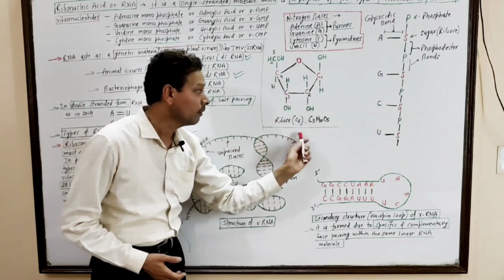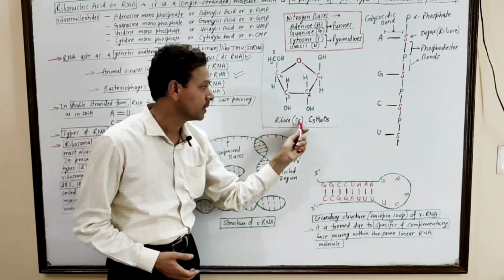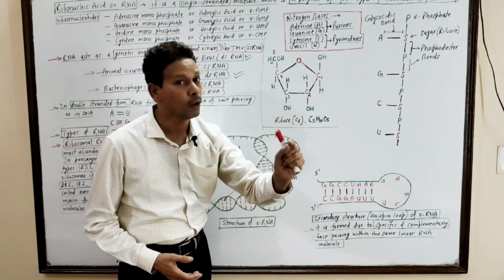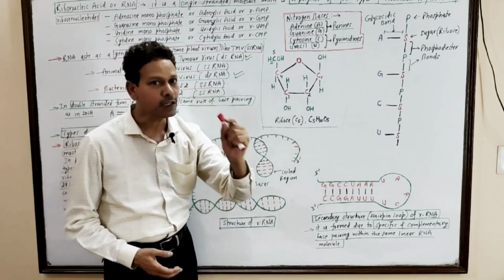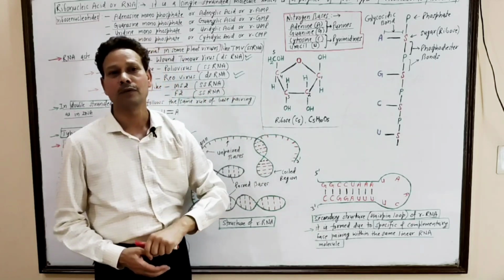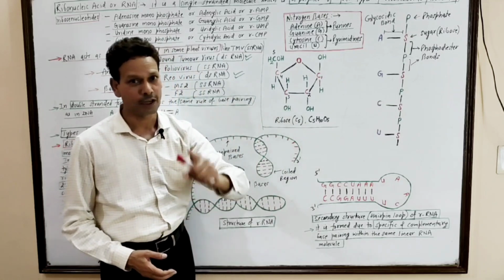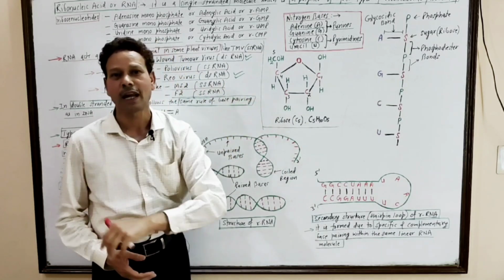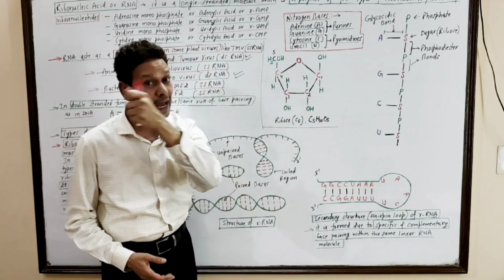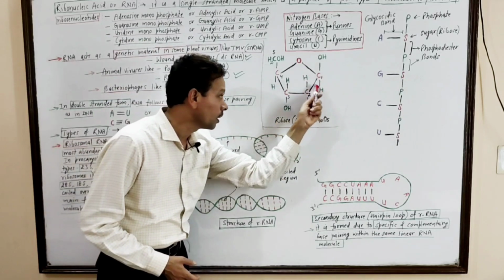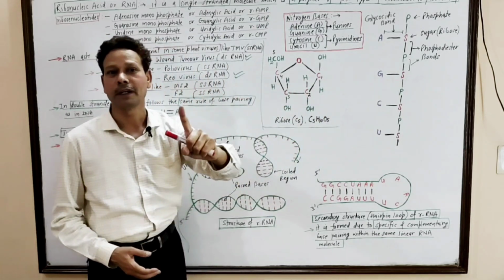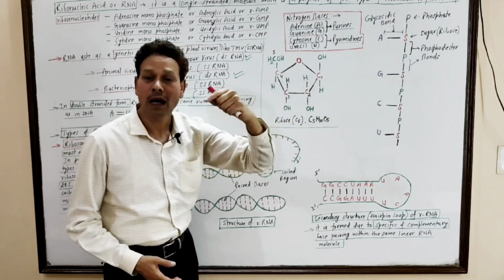The chemical formula of ribose sugar is C5H10O5. But in DNA sugar, deoxyribose sugar, it is C5H10O4. It means deoxyribose sugar has 1 oxygen less, because at the 2nd carbon, both groups are identical.